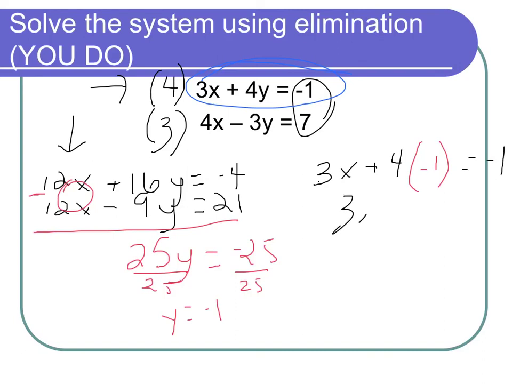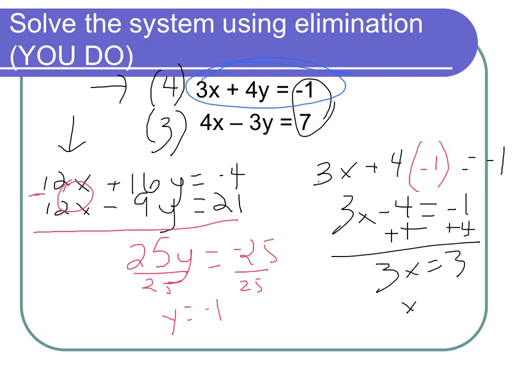So 3x minus 4 is equal to negative 1, and I get 3x is equal to 3, so x is equal to 1. So my point of intersection was (1, negative 1).